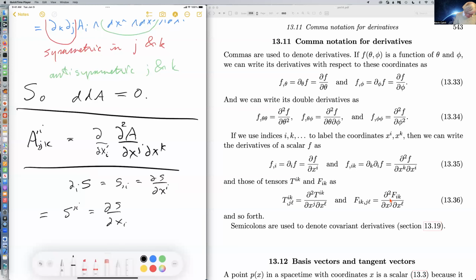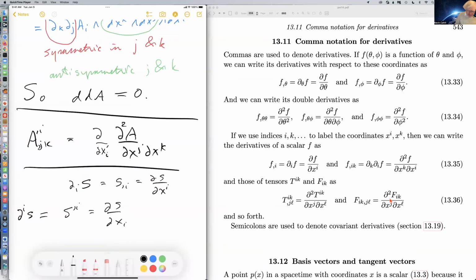And this is sometimes written as partial upper I s. This is just a notation.